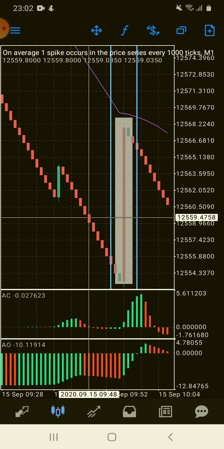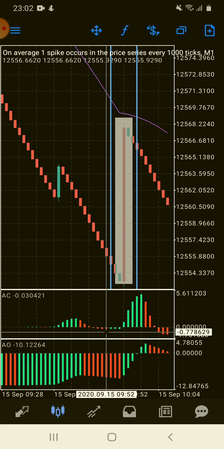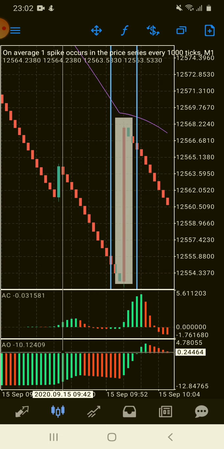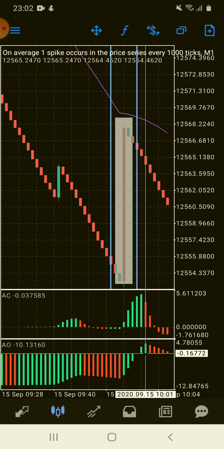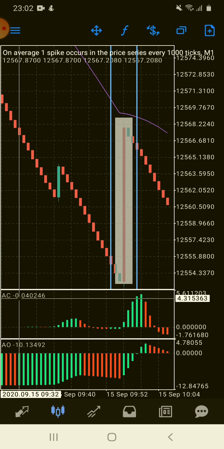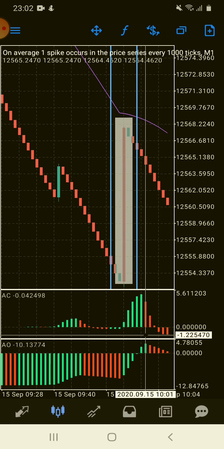Once we see this, we're going to wait for the awesome oscillator and the accelerator oscillator to be above the 0 line. Next, we're waiting for the accelerator oscillator, the AC, to get a first red one.